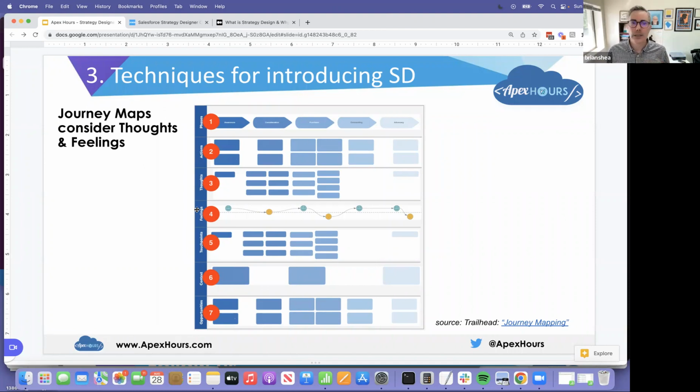We're talking about thoughts, emotions, things that happen with Salesforce, things that happen outside of Salesforce, larger organization, and even societal context of things. So bringing some of those concepts, whether you do quote unquote journey mapping or not, even if you're doing process diagramming, bringing some of these journey mapping dimensions to your business process mappings can be very powerful.